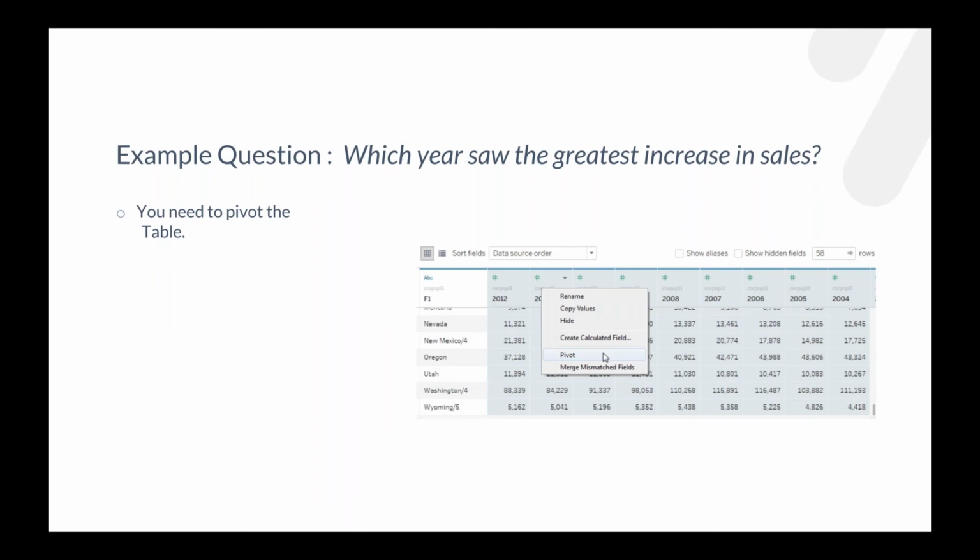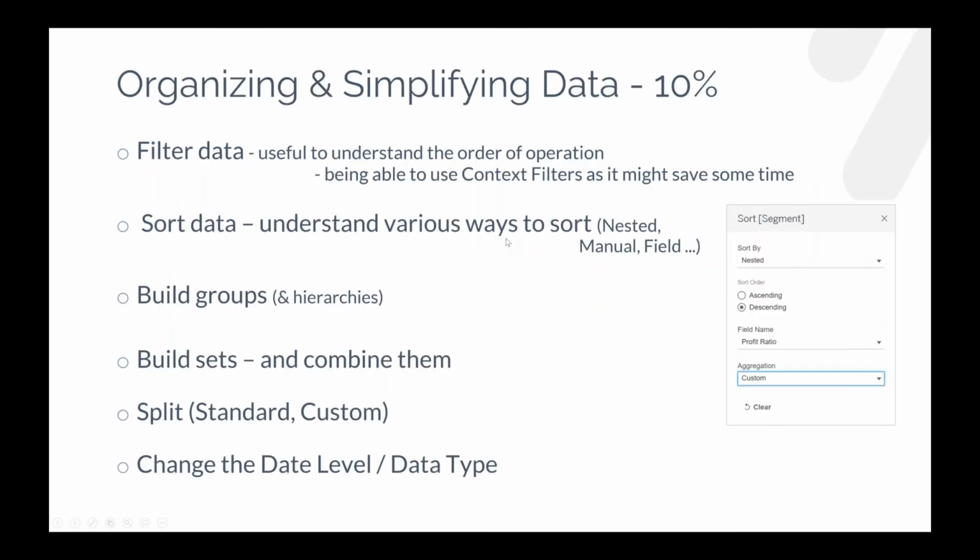So there's not going to be the possibility for you to just drag and drop or pull year into rows into the view, but you will need to pivot the table.